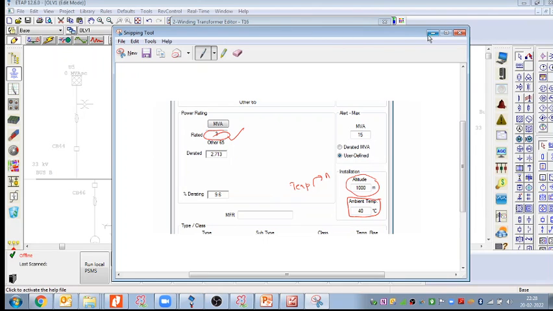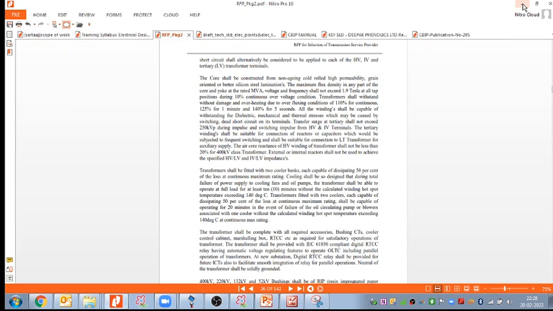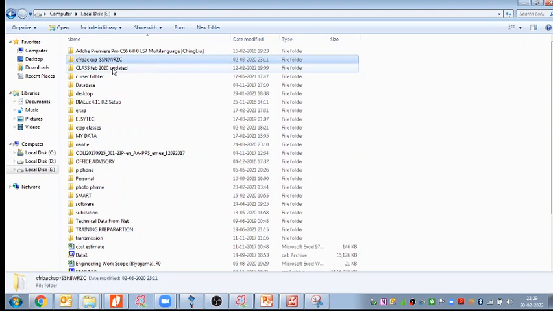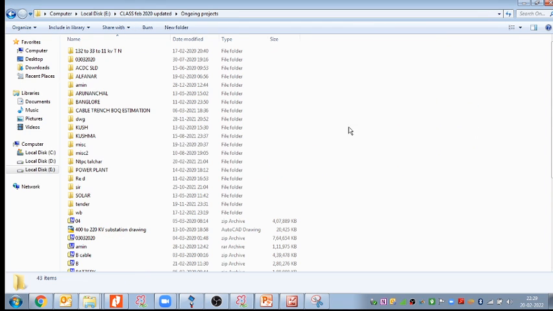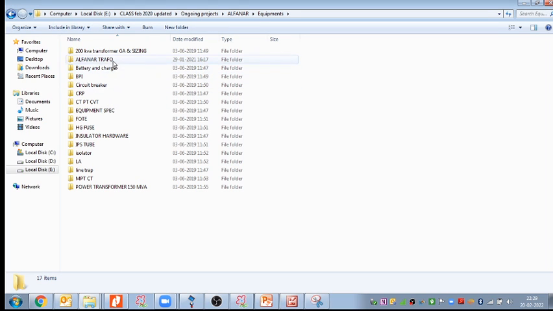Is that clear? Or let me show you some GTP, then it will be exactly clear what I'm trying to say. Any GTP that I have or not. Equipment, equipment, and then trafo.